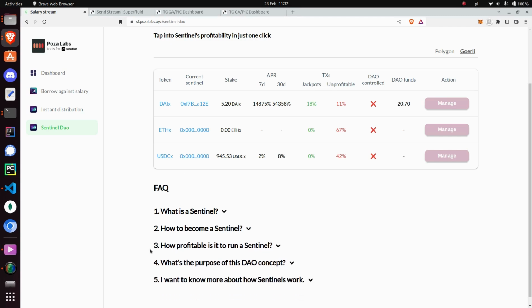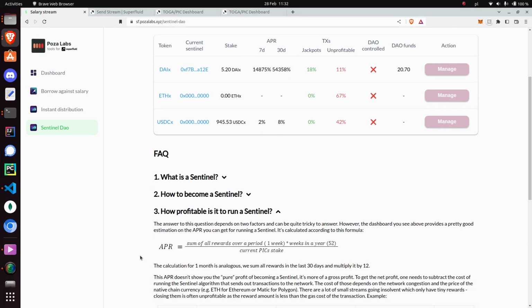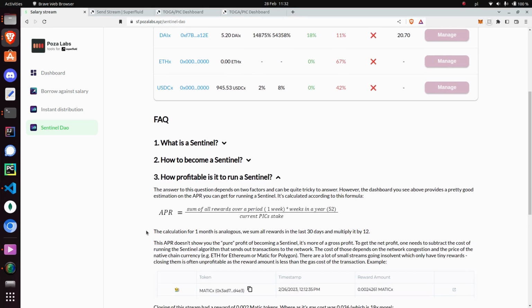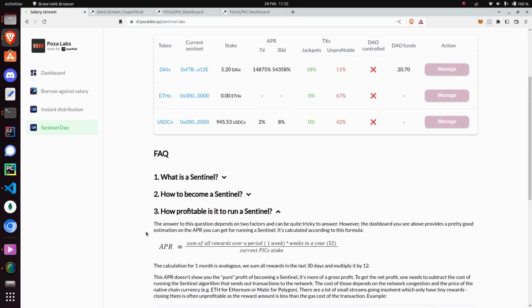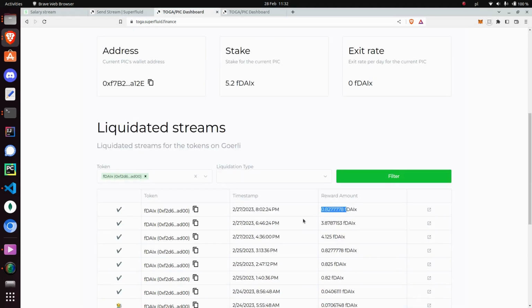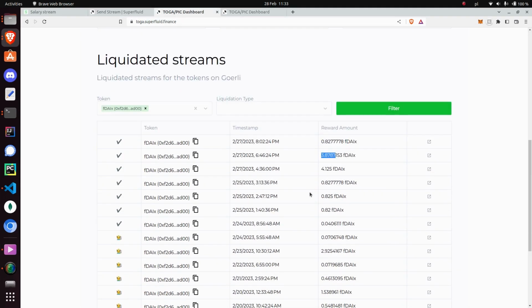Then the next question is: is it even profitable to run a Sentinel? And this is not an easy question to answer, but we've tried our best. You can think of the stake that you put out as your initial investment, and all the rewards that are piling up as the return on that investment.